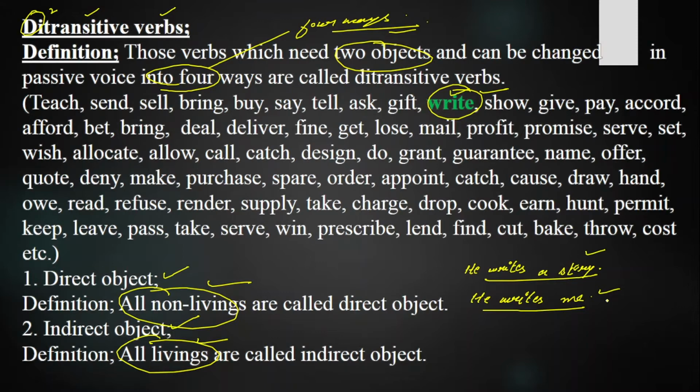The sense is not complete. So he writes me, definitely he cannot write me. I am not a notebook or something that he will write me. Clear? So for that we need two objects together: one indirect object and one direct object.